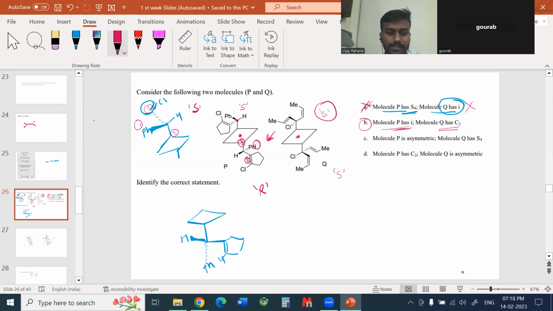Phenyl will be 1, the group will be 2, and this group having the 3, right? Now let's check. It's having the S configuration, right? 1, 2, 3. It's having S configuration, and since hydrogen is on the upper side, it shows the R. So the configuration of this chiral center will be R.